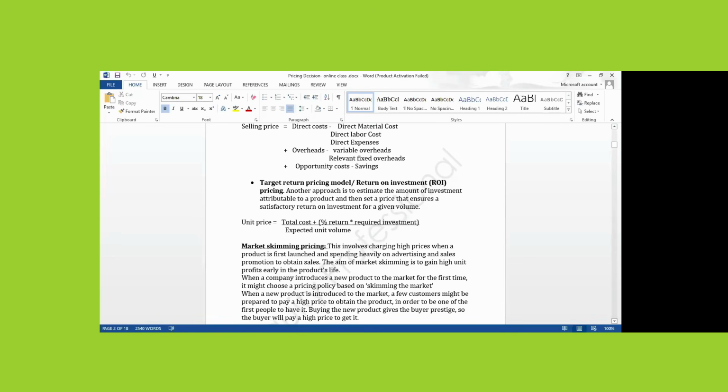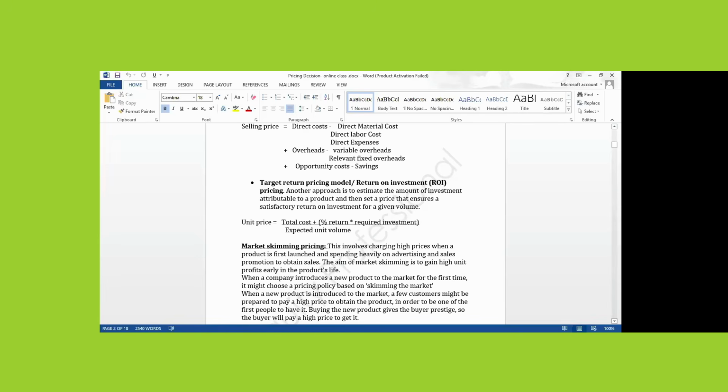Under this method, the total cost of the product is estimated.